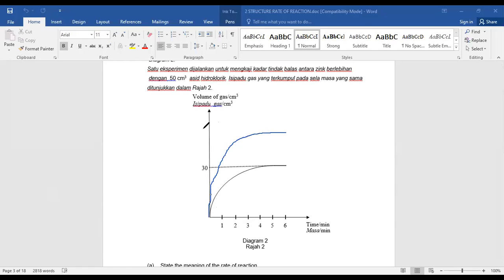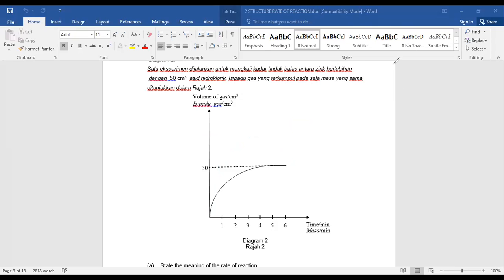Okay, and you label this as 60 because it is double. And this one, you label as using the H2SO4. Of course, my graph is still not perfect. Can you see the distance? Okay, so please check. So this is our question 2. Any problem? I hope you are okay.